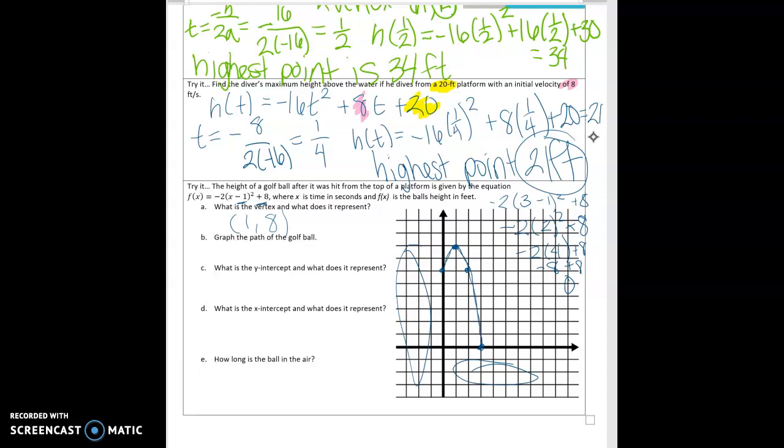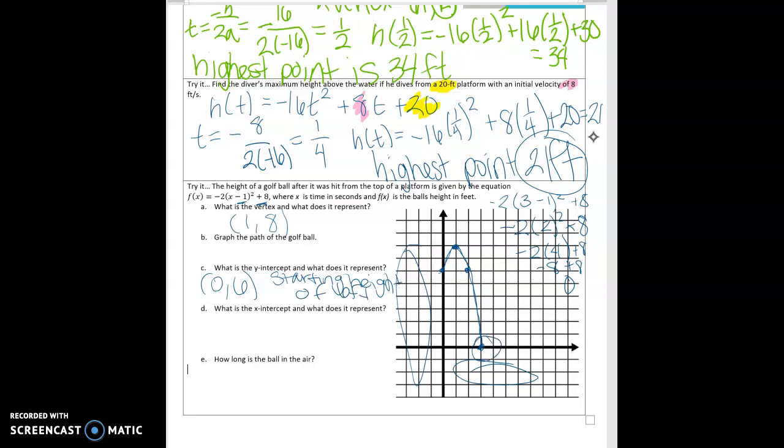So then it says, what is the y-intercept? Well, the y-intercept is this point here, and it's at 0, 6. And what does that represent? That represents the starting height of 6 feet. What is the x-intercept?